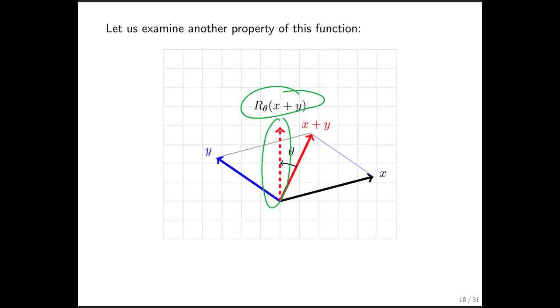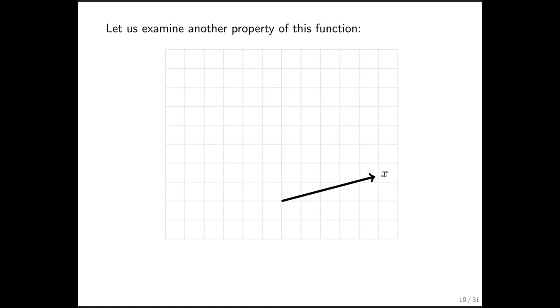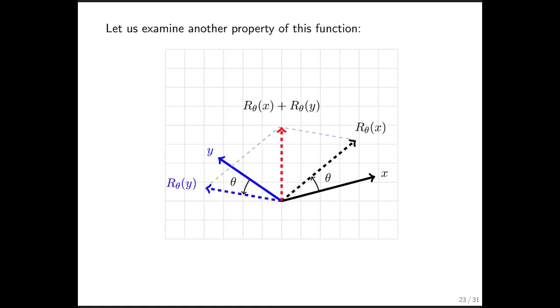I wonder what would happen if we first rotate x and we rotate y, and then we add the result of that together. Well, here we have x, we rotate it through angle theta. Here we have y, we rotate it through angle theta. We create the parallelogram of the results, and lo and behold, we get a vector that is identical to the vector that we got if we added x and y together first and then rotated it through angle theta.